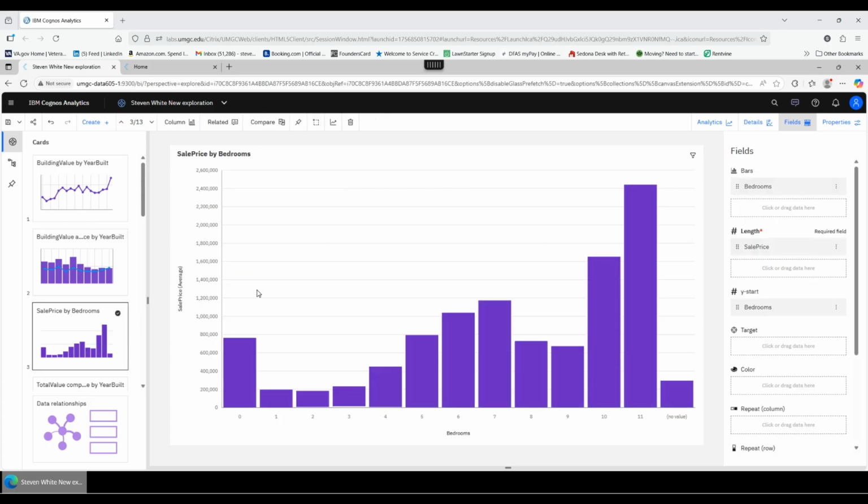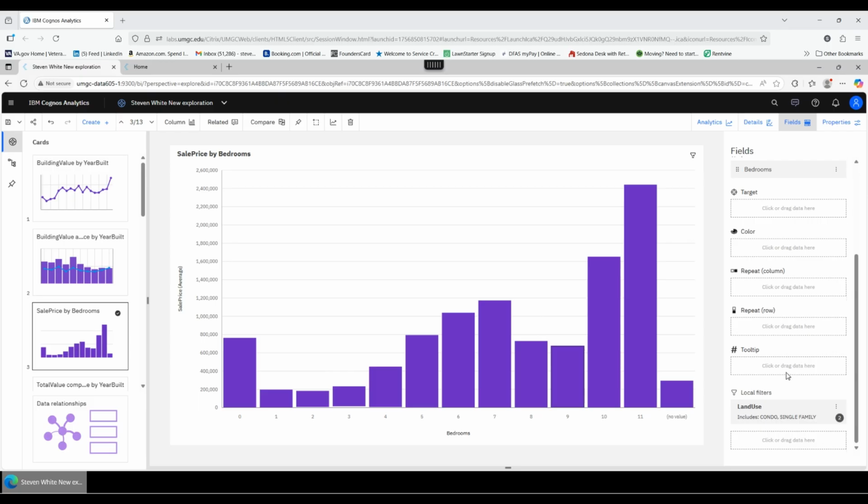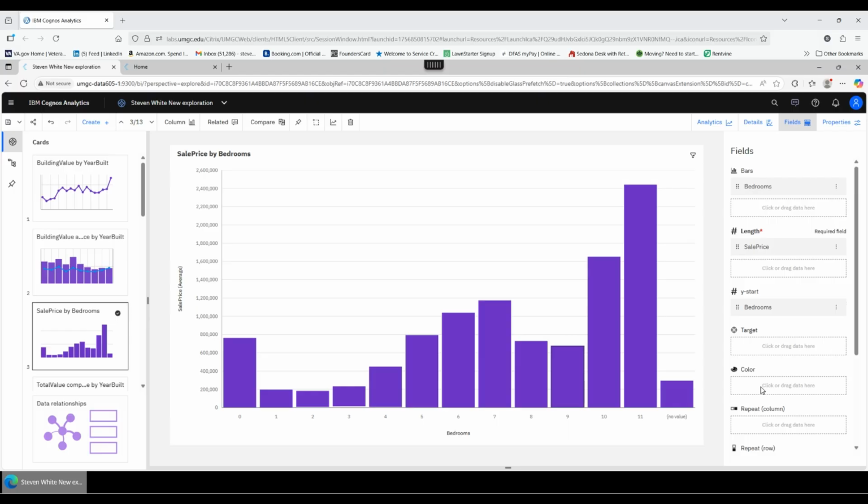Next, I wanted to take a look at the bedrooms. How many bedrooms? Again, looking at condos, single family residences, looking at the average sale price based off of the number of bedrooms.